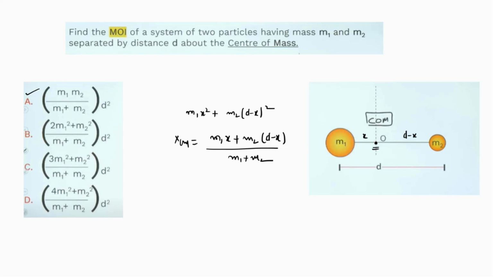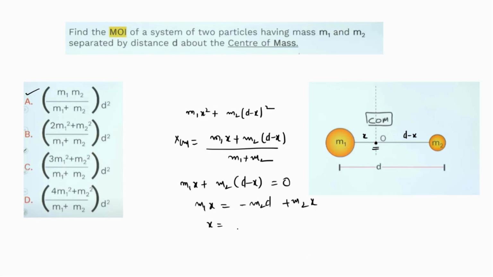About the center of mass. If I say this point is origin, guys, let's say this is origin. So I say this coordinate is 0. So I'll get m1x plus m2 into d minus x equal to 0. So m1x equal to minus m2 d plus m2 into x.